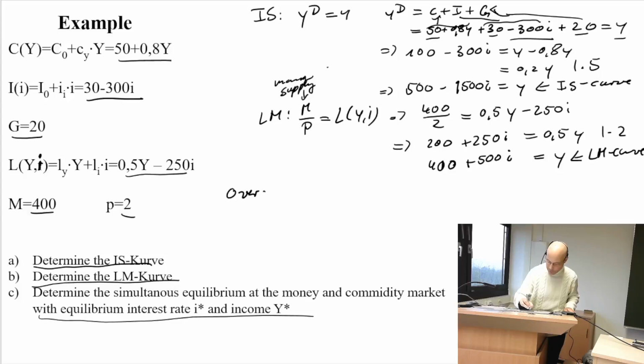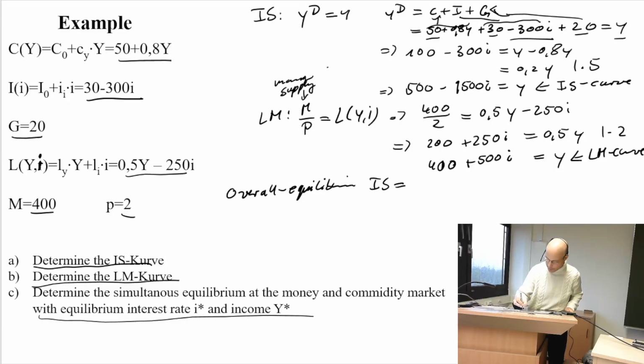What do we have to do for overall equilibrium? So how do we obtain the intersection of the LM and IS curve? Yes, definitely.